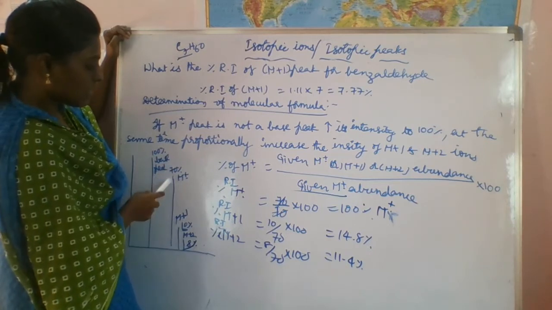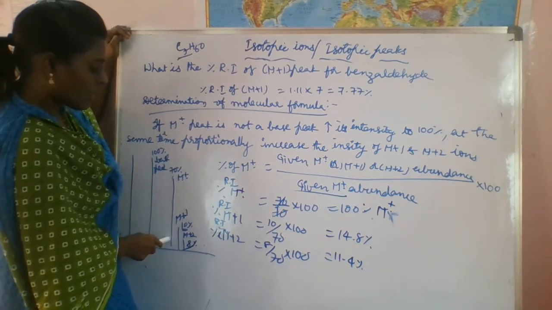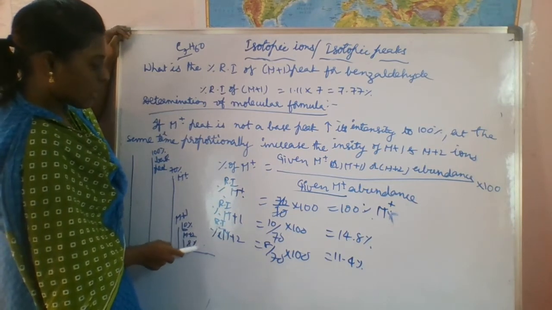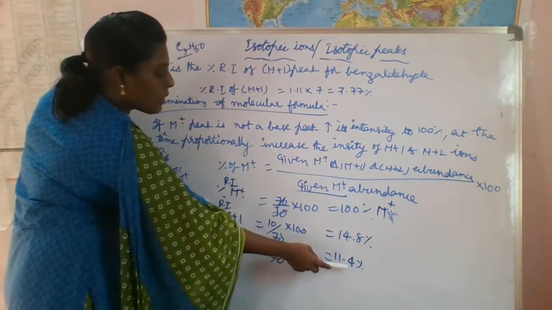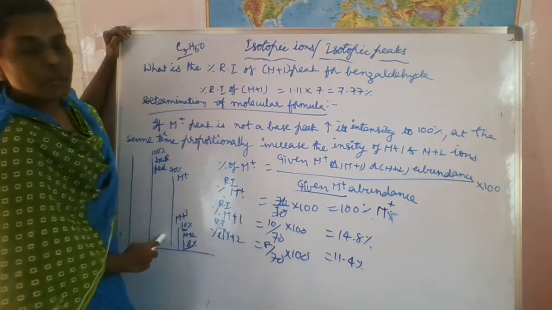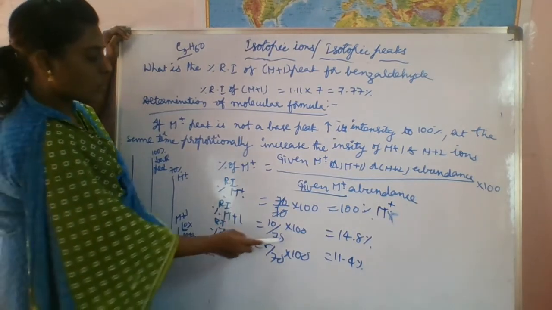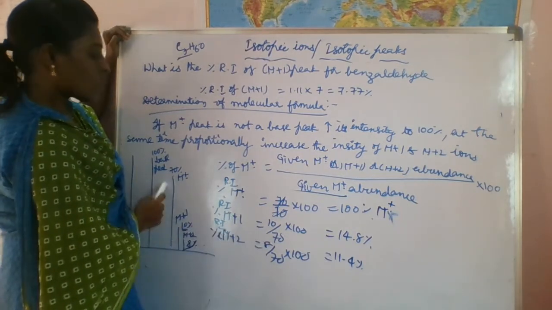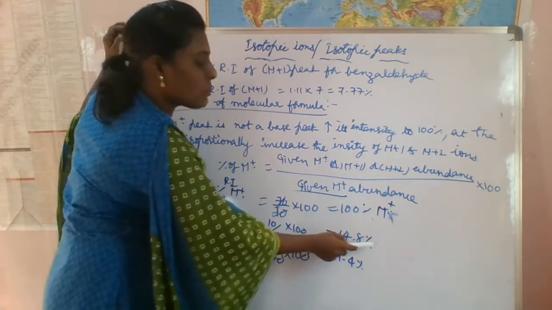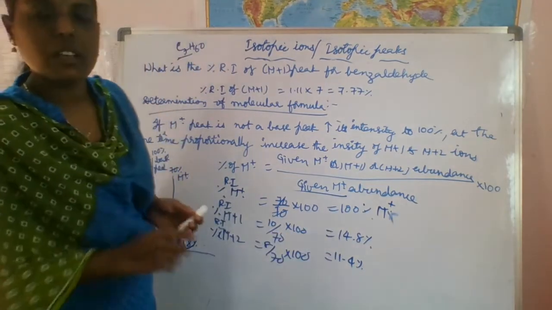So 70% means this is the 100% molecular ion, but the M plus 2 ion intensity is about 11.4% of this molecular ion peak. And the M plus 1 ion peak is about 14.8%, right?